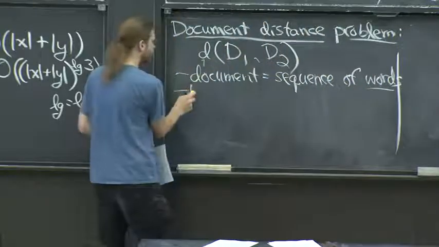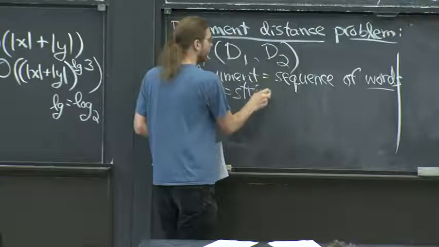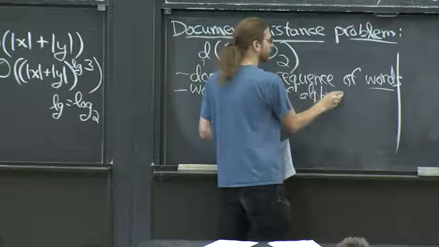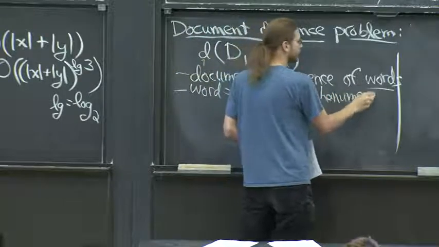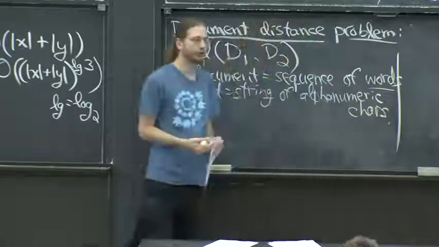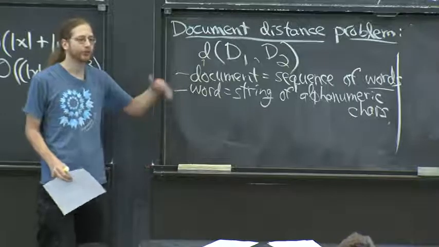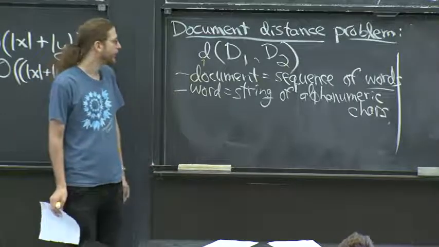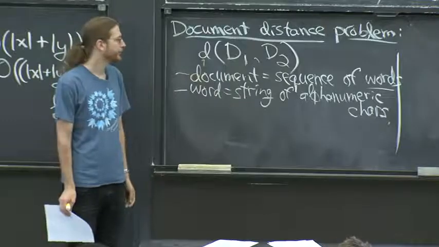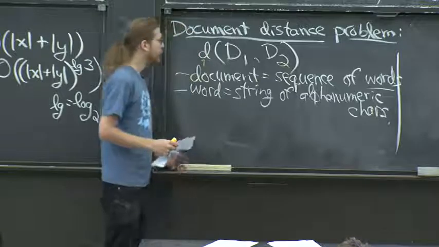A word is just going to be a string of alphanumeric characters, A through Z and 0 through 9. If I have a document, which you also think of as a string, and you basically delete all the white space and punctuation and all the other junk, everything in between those are the words. That's a simple definition of decomposing documents into words.